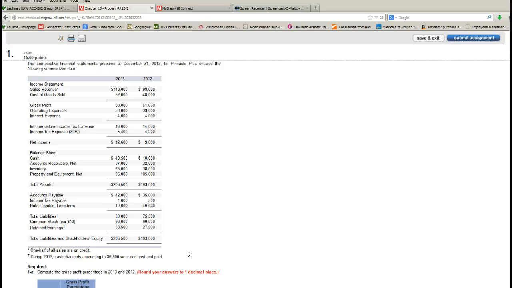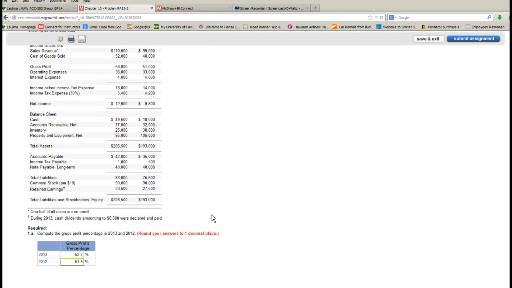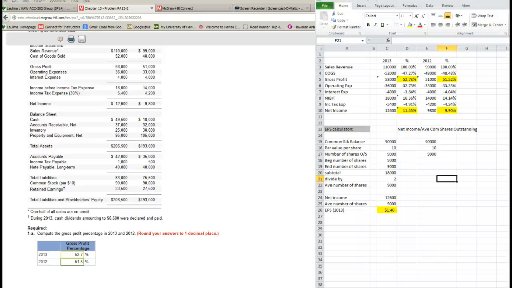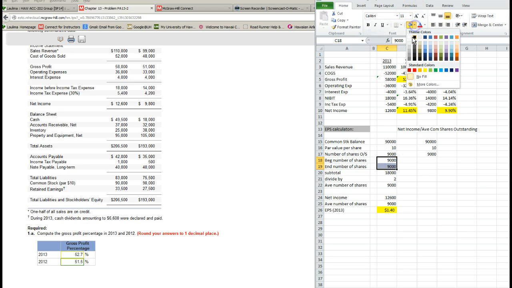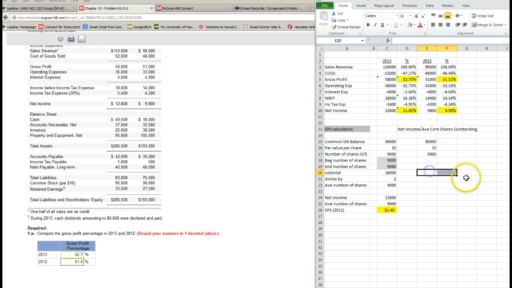Now it doesn't look like they are giving us the information we would need to calculate the beginning number of shares for 2012, which is not good.